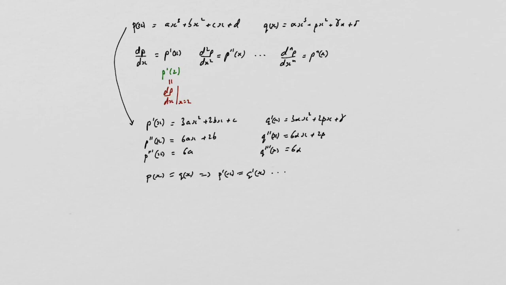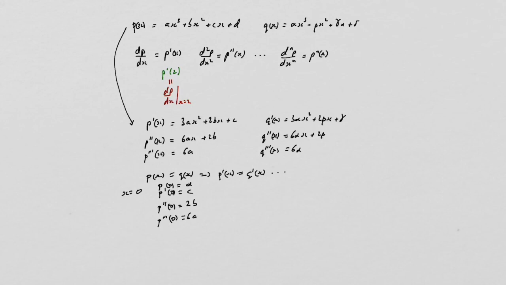And then if we look at the cases when x equals 0, we have p dashed of 0 is c, and p double dashed of 0 is 2b, and p triple dashed of 0 is 6a, and actually p of 0 itself, which I should have squeezed in there, but I'll pop it in there, so p of 0 would be d.